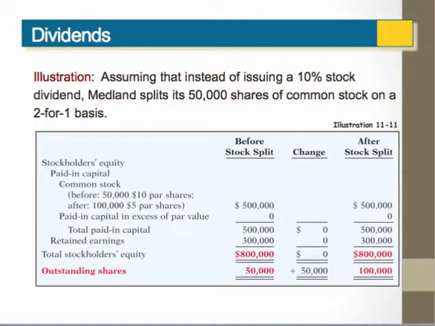So our stockholders' equity in terms of dollars remains exactly the same. The difference is, take a look at the common stock description. Before, the common stock was 50,000 shares at $10 par value, and because of the 2-for-1 stock split, now the number of shares outstanding is 100,000 shares, but the par value has dropped to $5 per share.